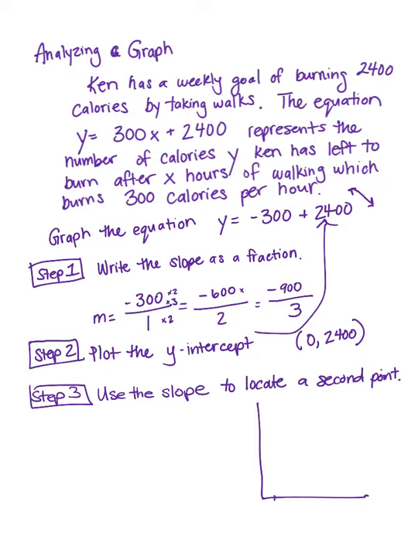So I'll have 2, 4, this is time in hours, 6, 8, 10, 12, and on and on. This is our time. And then on this side, it's going to be calories remaining.